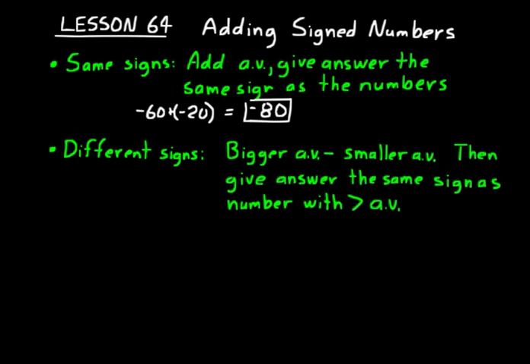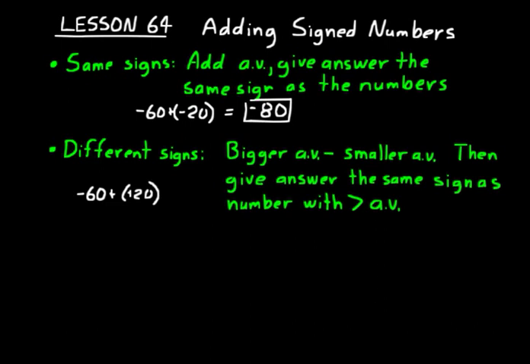When you're adding numbers with different signs, this is what you do. You just take the bigger absolute value minus the smaller absolute value. Just subtract them. Then you give the answer the same sign as the number that had the greater absolute value. For example, if you were doing minus 60 plus a positive 20, you would subtract those.